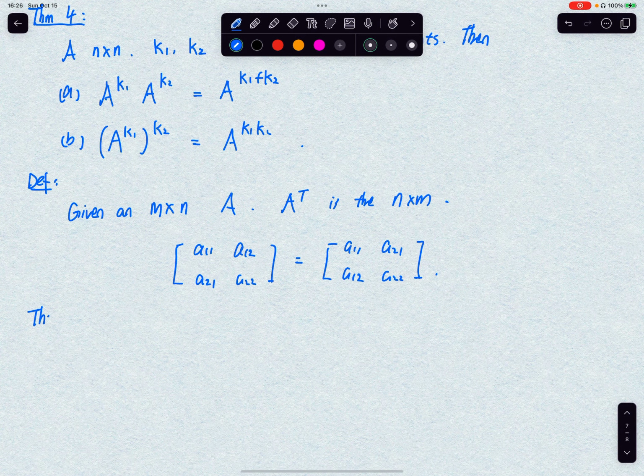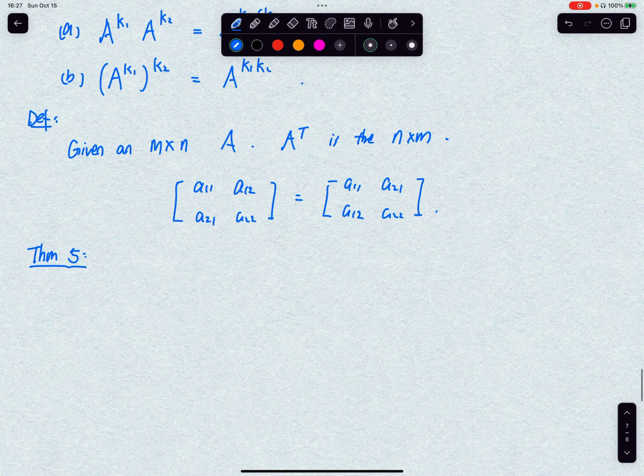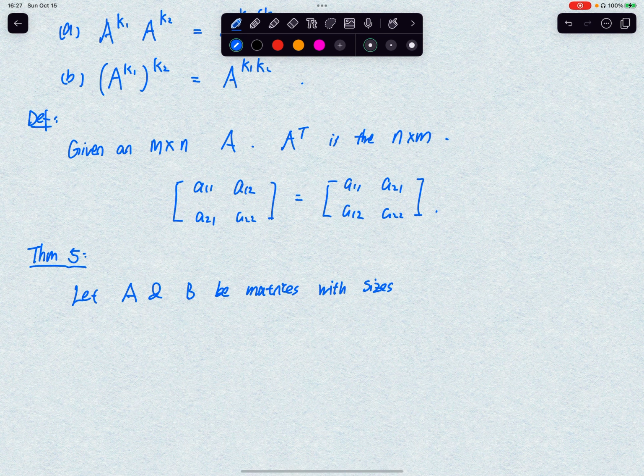And now we shall talk about the properties of the transpose. So let A and B be matrices with sizes that are appropriate for sums and multiplications.